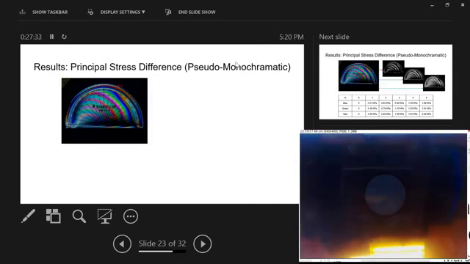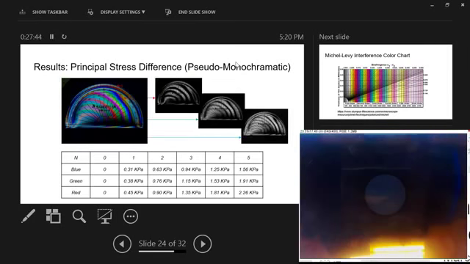The first method was what I call a pseudo-monochromatic method, which is to say that instead of looking at the actual color fringes, we can look at, so it's difficult to see this, but these are the red, green, and blue channels of our images.